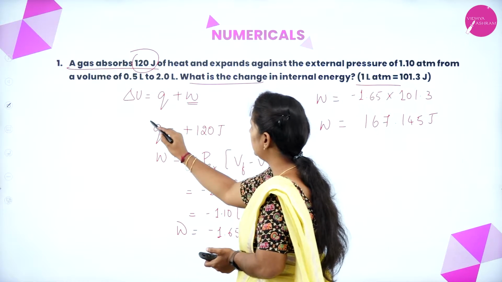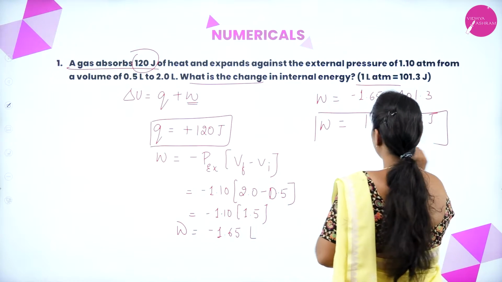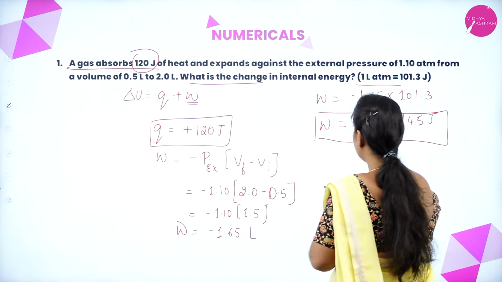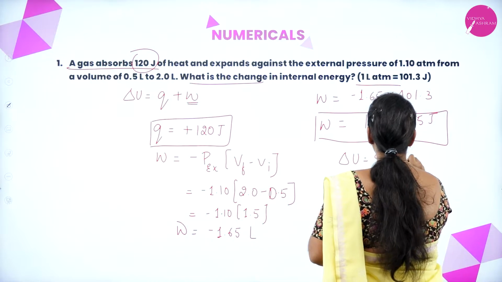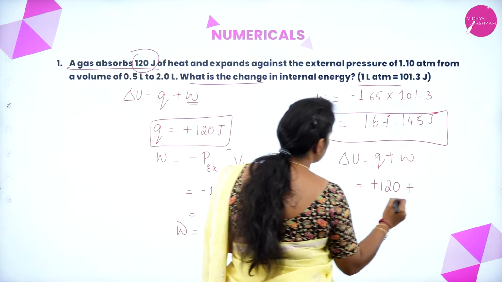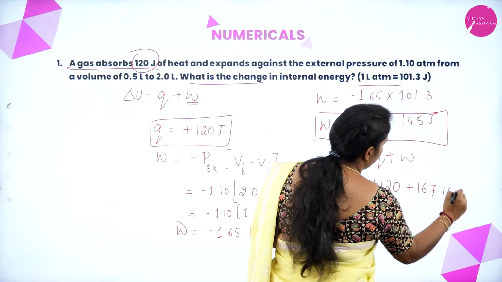Now we know the Q value, and we have also calculated W, the work done. Now we can easily calculate the change in internal energy: delta U is equal to Q plus W. What is Q? It is plus 120. What is W? It is minus 167.145.